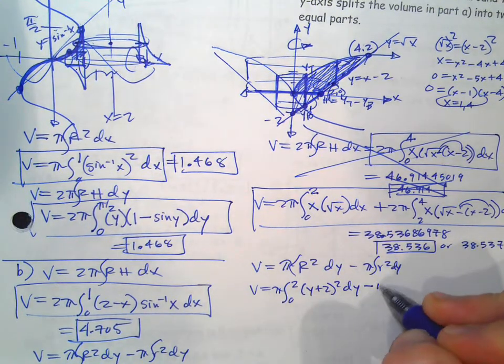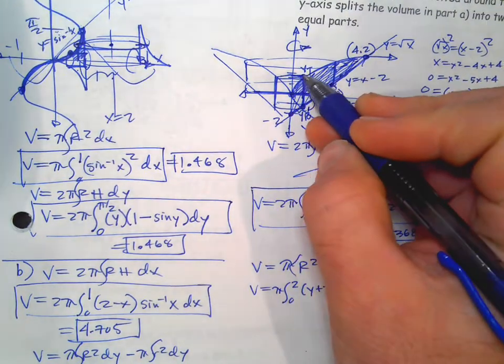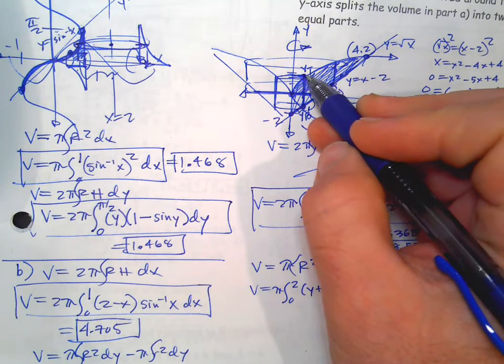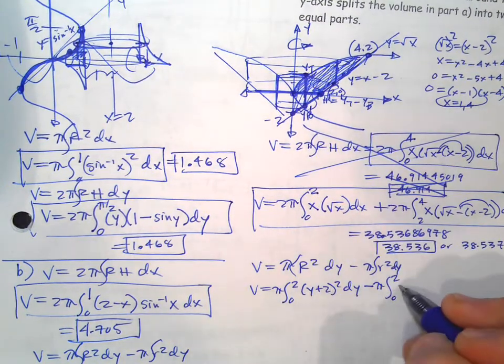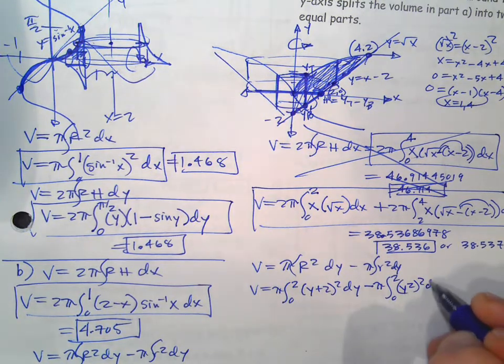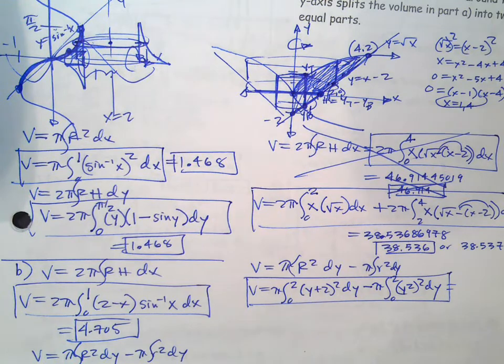And then little radius is going to be x right, it's going to be y squared. So this should give us the same answer that we just got. Let's try it out.